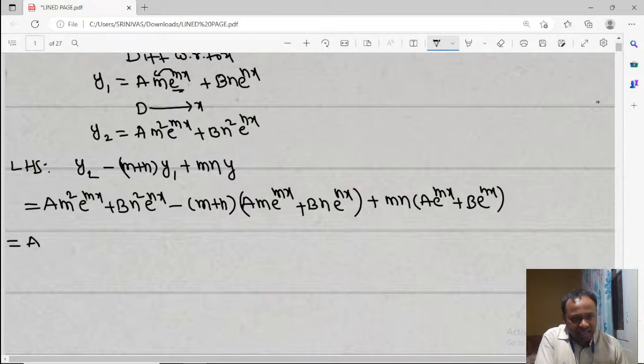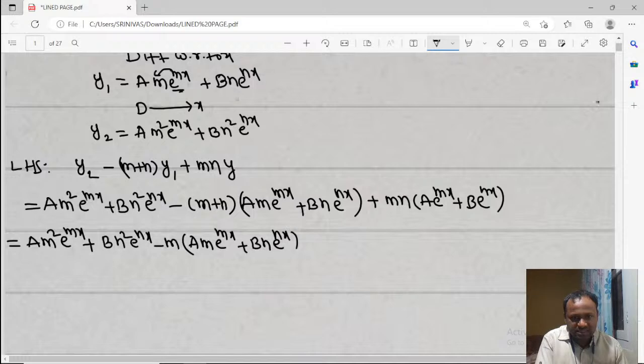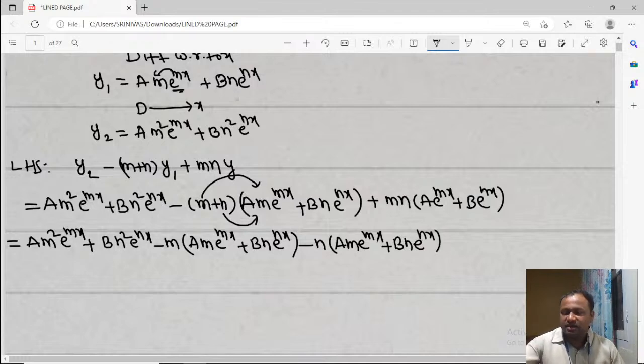Very easy. a m square e power mx plus b n square e power nx, minus m into a m e power mx plus b n e power nx. I just multiplied m to this one. After that, minus n into a m e power mx plus b n e power nx.